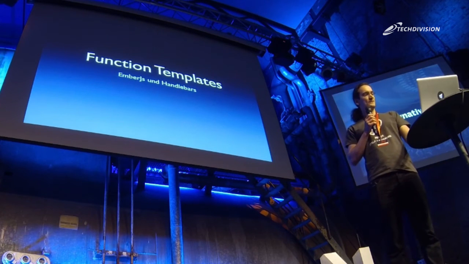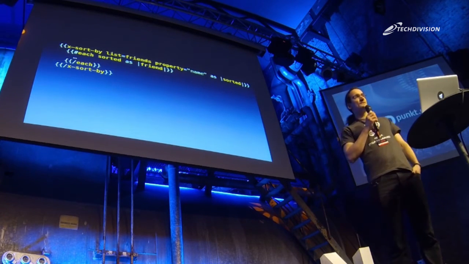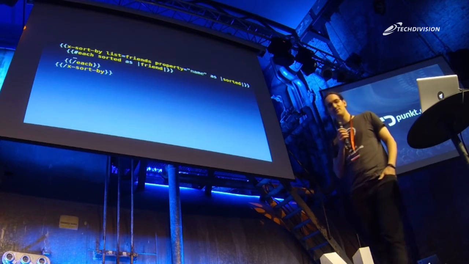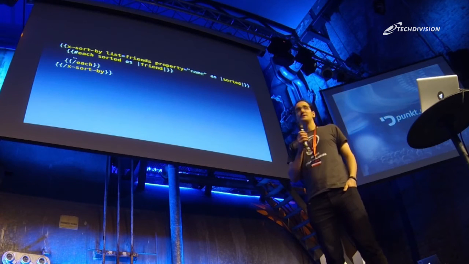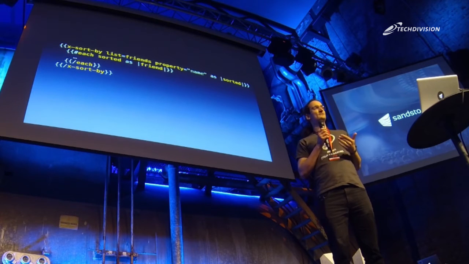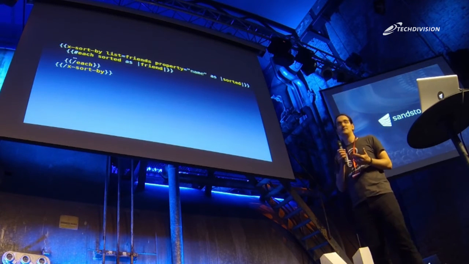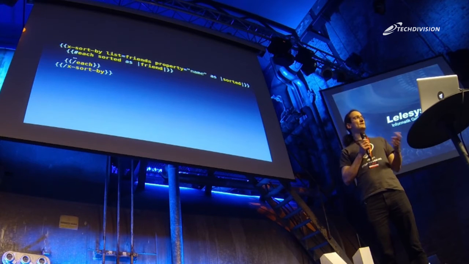I have the sort example here. I tried a bit. It's a handlebars template. I experimented with it in a live project, and I came to a point where I had very small components which I could reuse really easily, which do not generate any DOM elements or any output.